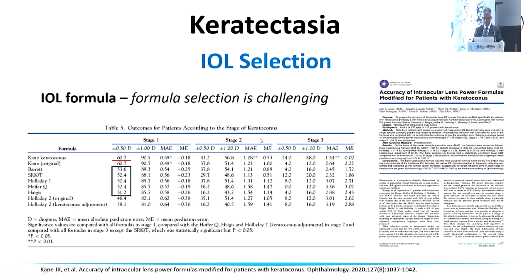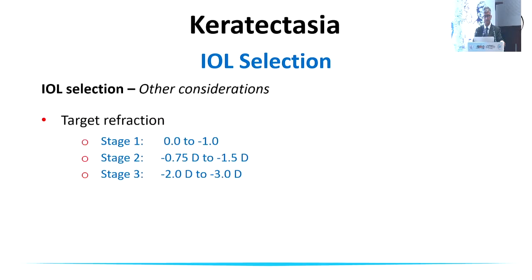Now, the other thing that you have to keep in mind is that in stage 1 and stage 2 keratoconus, most of the formulae are very predictable. But when it comes to stage 3 keratoconus, the keratoconus formulae are best, or else you can use SRK/T. All other formulae give very poor refractive outcome.